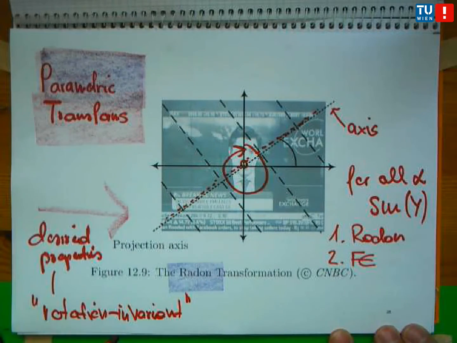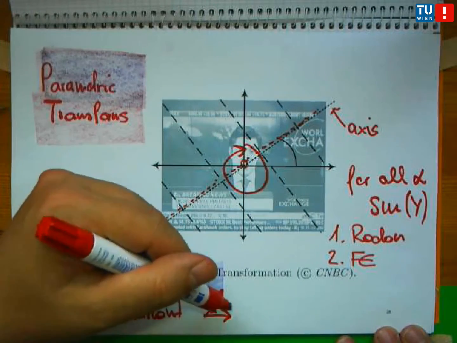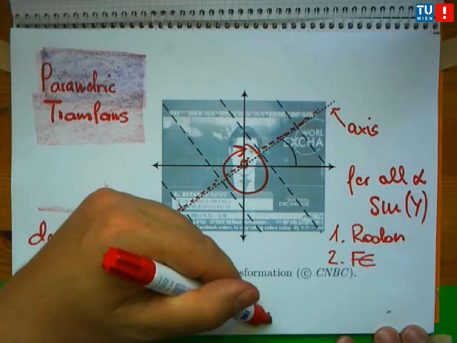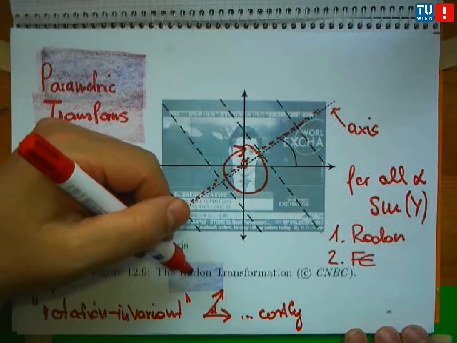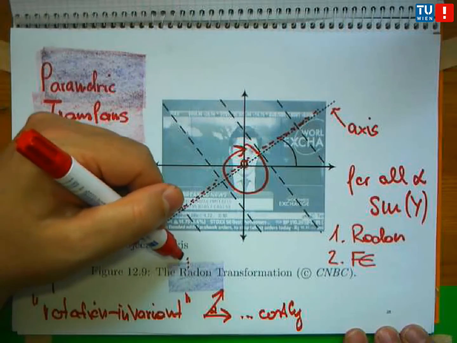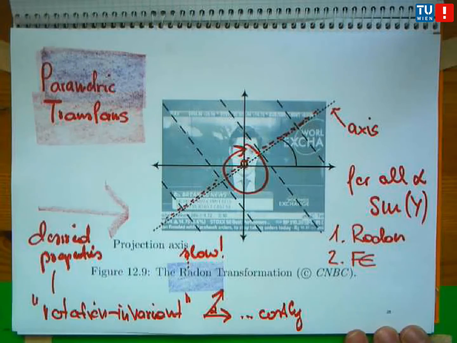If you have to do that in a deep network, actually you would have to learn all rotations depending on the type of network that you have, which is costly. To say the truth, Radial transformation is also very costly. It is extremely slow. However, it is a classic of feature engineering and I wanted to mention it.